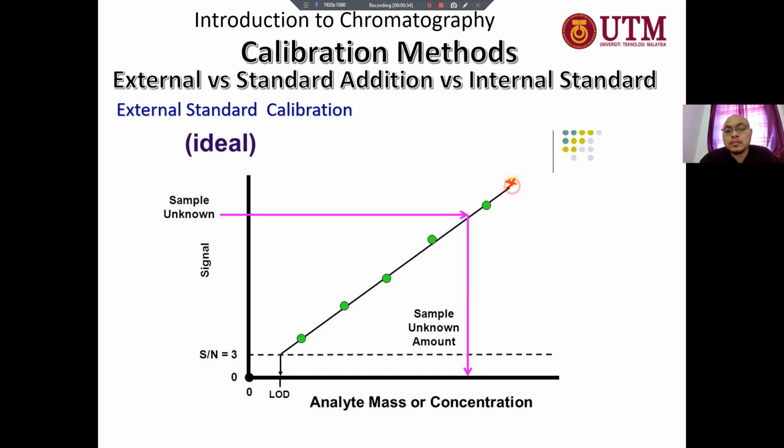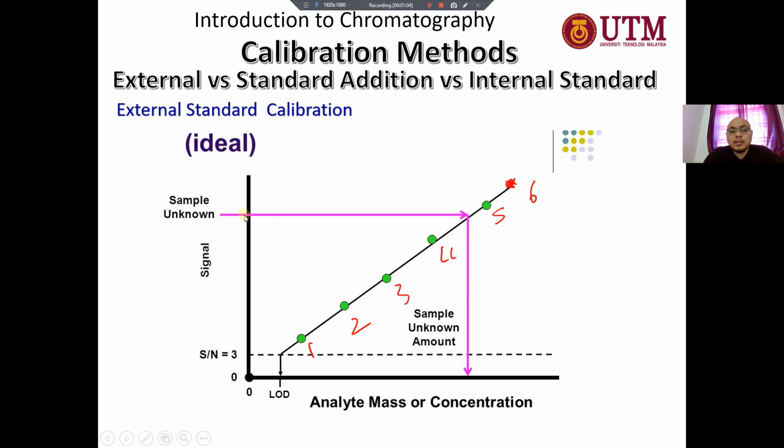For any kind of analysis, you need to use at least 5 points. But in normal practice, you need to use 6 calibration points, for example, 1, 2, 3, 4, 5, and 6 ppm. From the calibration, when you run the unknown sample, you will have the signal.